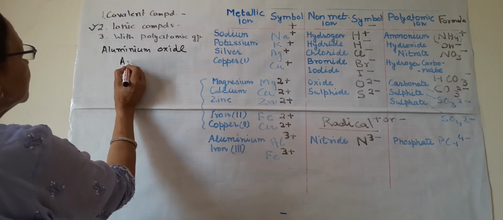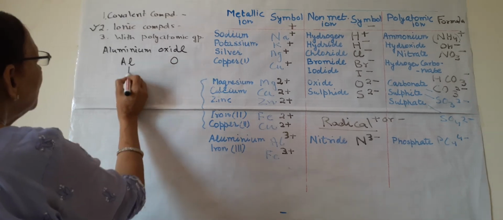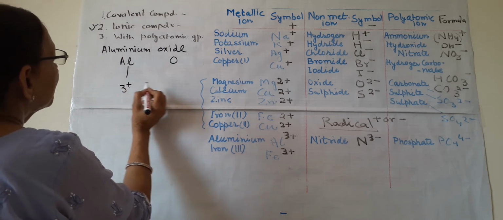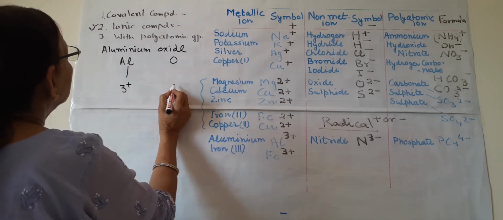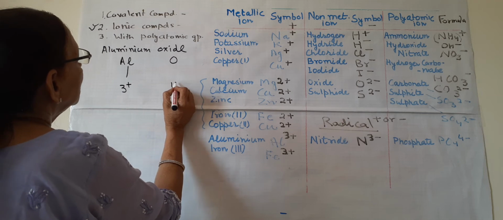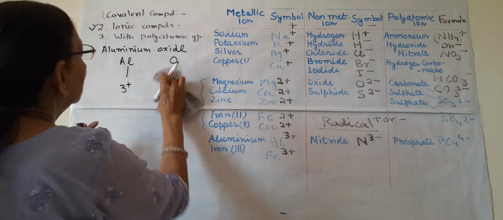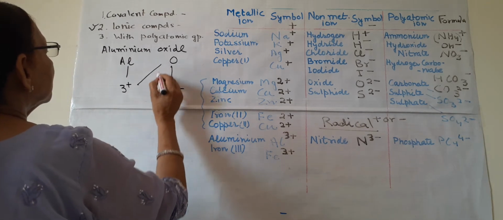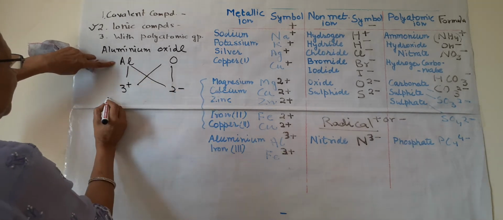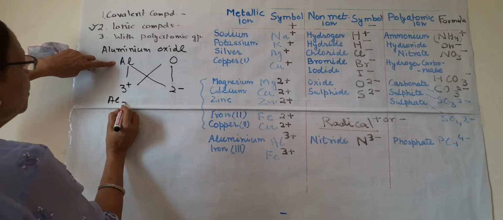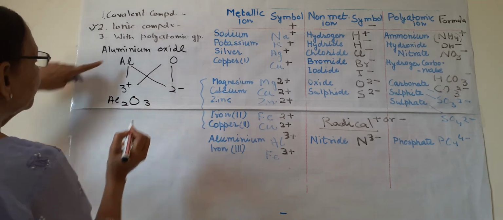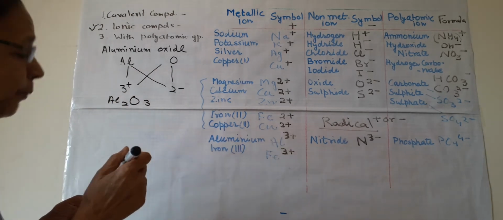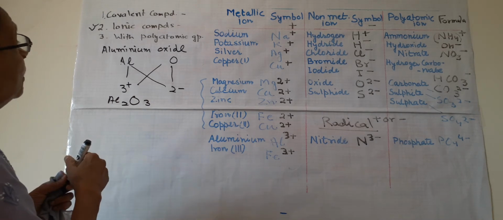The symbol is Al, oxygen O, valency 3 plus, and oxygen valency 2 minus. So crisscross: with Al we have to write 2, with oxygen we have to write 3, Al2 with oxygen 3. So the formula of aluminium oxide is Al2O3.